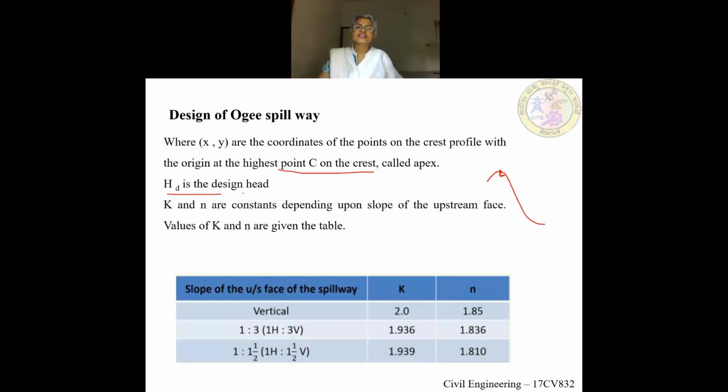And HD is the design head, that is the depth of water above the crest level. The total head includes the head due to velocity of approach, HA, and this will be your HE.